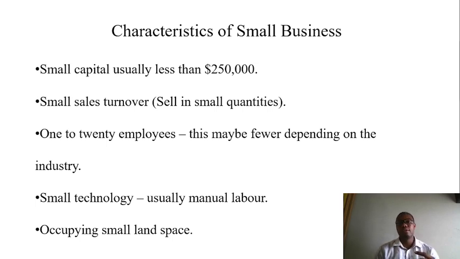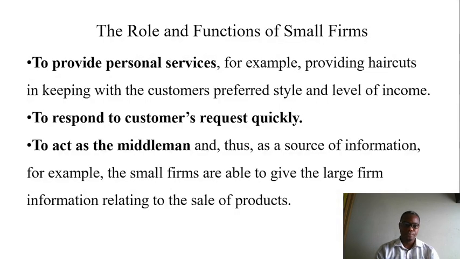Small businesses also have a small number of employees, whether it's 1 to 20 employees. They also use small or simple technology, so they don't have any cutting edge technologies, and they occupy a small amount of land space. Now, what's the role and the functions of small businesses?